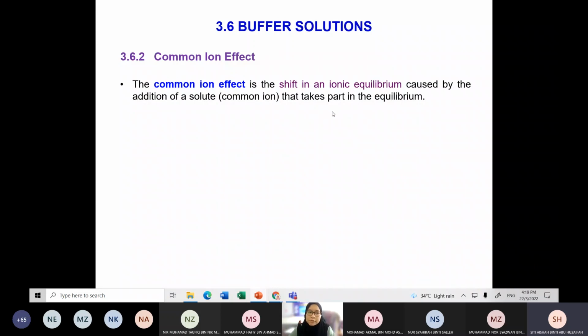Imagine you are increasing the concentration of one of the reactant or product. That is what we call common ion effect. The common ion effect is the shift in an ionic equilibrium caused by the addition of a solute that takes part in the equilibrium.